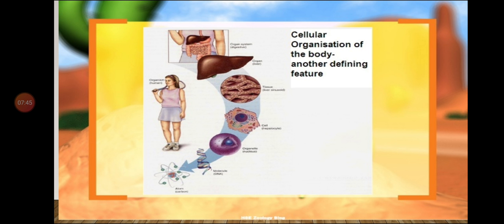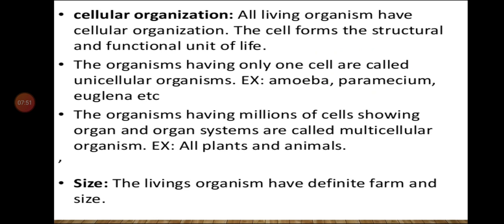The next property is cellular organization of the body. Cellular organization means all living organisms have cells. The cell forms the structural and functional unit of life. If the organism has only one cell, then it is called a unicellular organism.